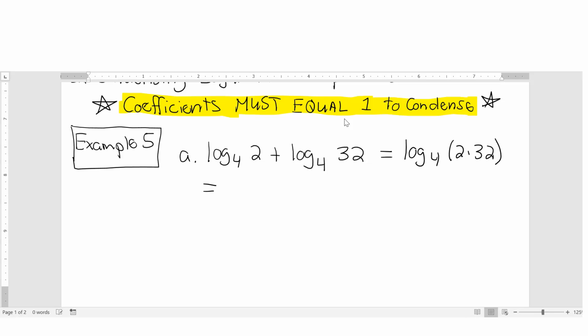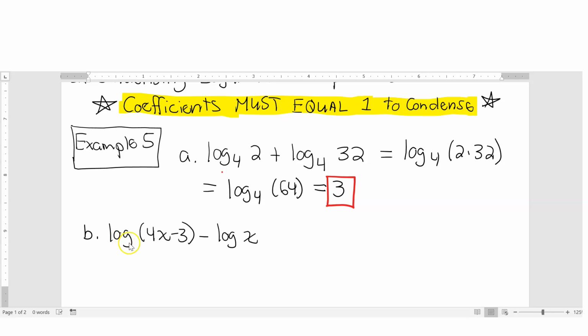But always see if you can evaluate that further. That's log to the base 4 of 64, but notice 4 to what power gives me 64? Well, that value is actually 3. 4 cubed is 64. So, depending on the numbers you have in your problem, sometimes you can do a final simplification of the expression. So always check whether that's possible.